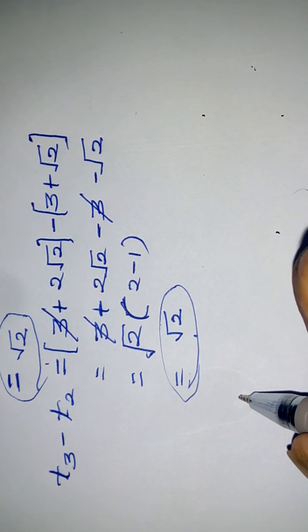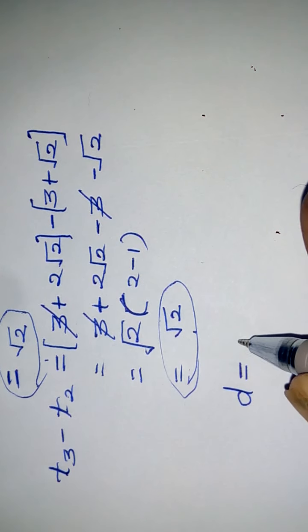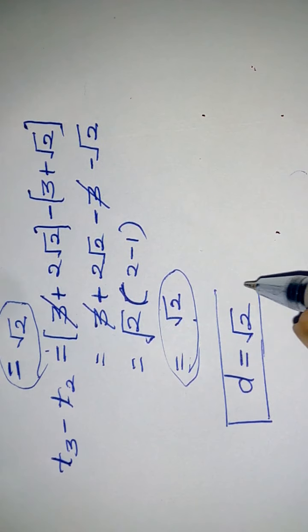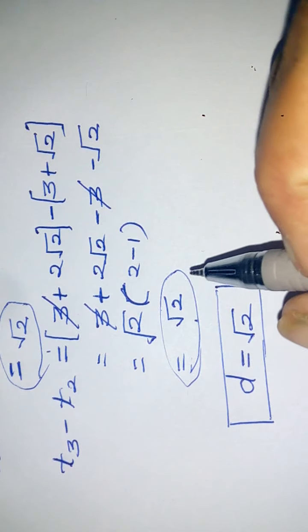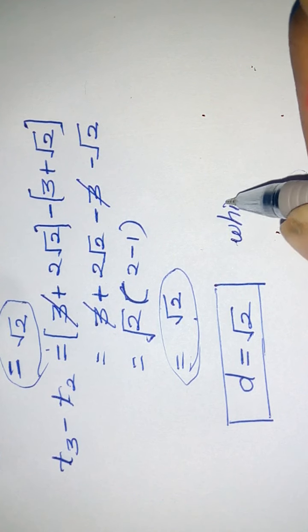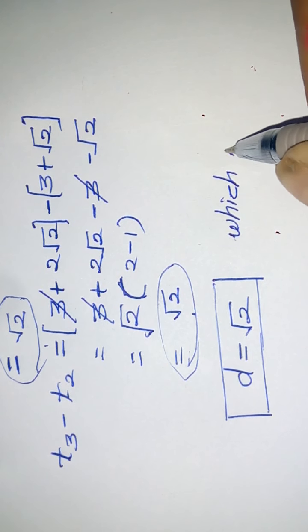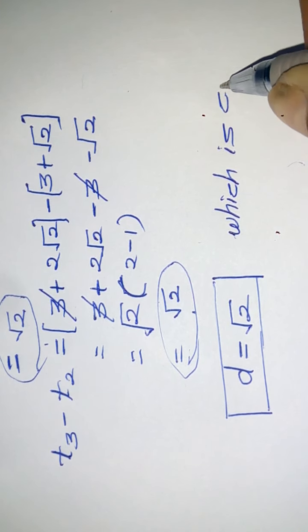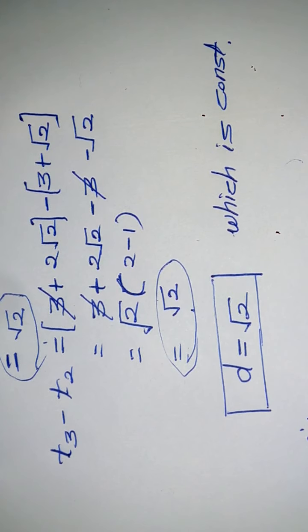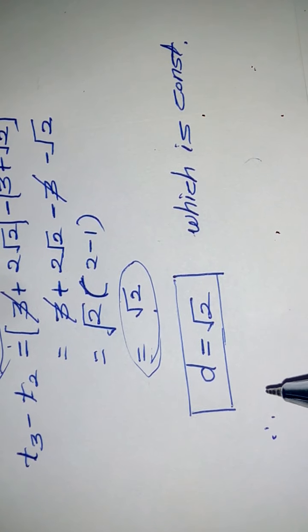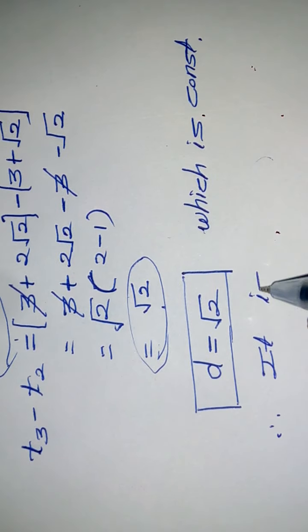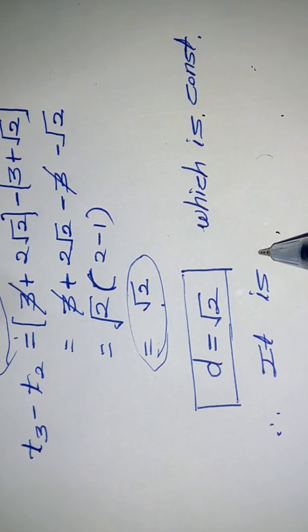So we write D is equal to root 2, and it is constant. Therefore the sequence is an AP.